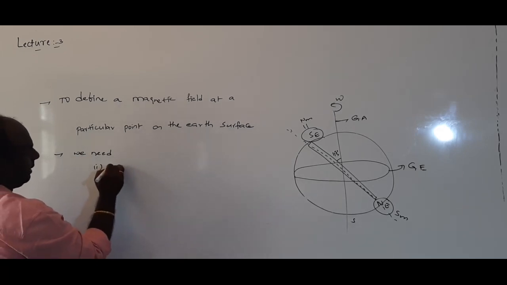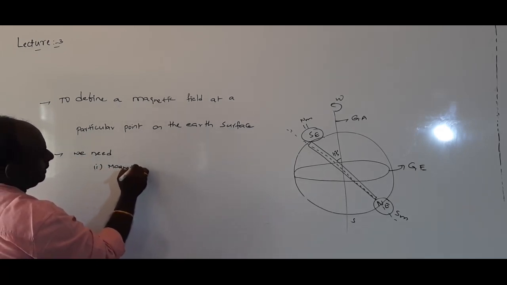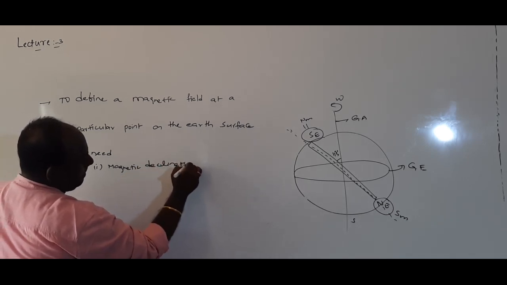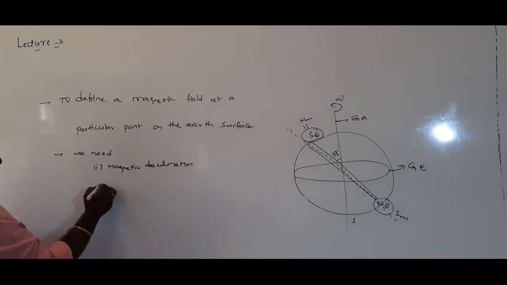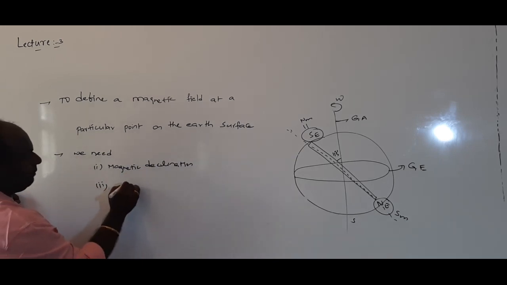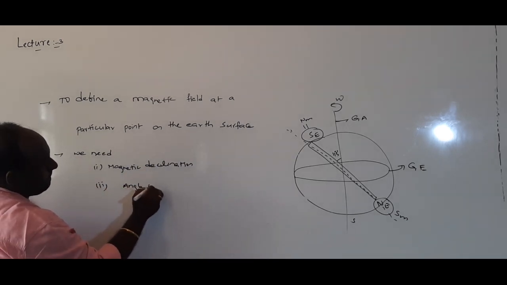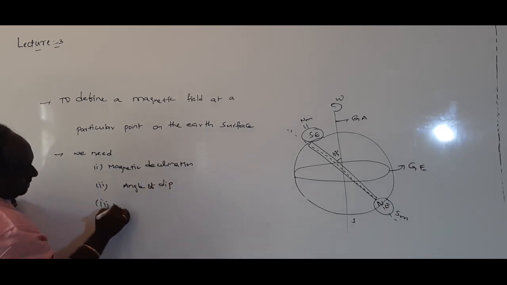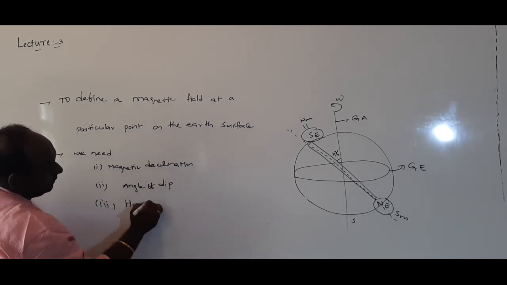First, magnetic declination; next, angle of dip; next, horizontal component of the earth's magnetic field.